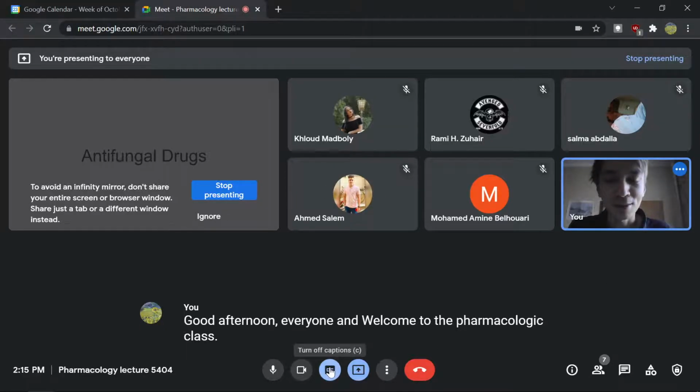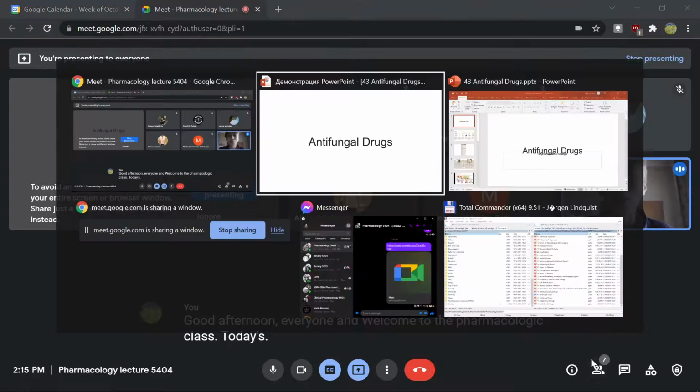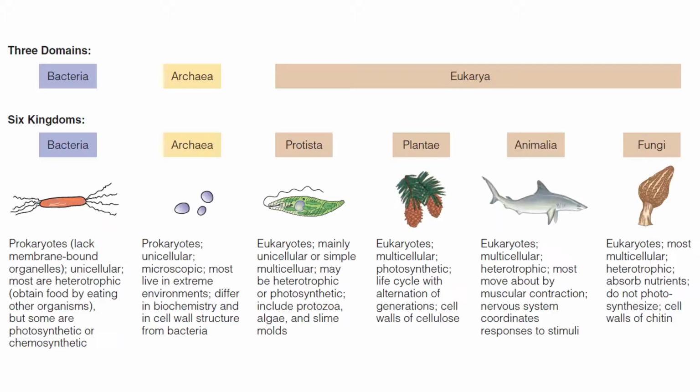Today's topic is anti-fungal drugs, and fungi are not very different from human cells. If we look at the classification, fungi are in the same domain as animals and humans.